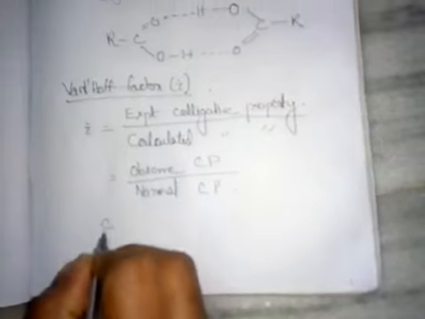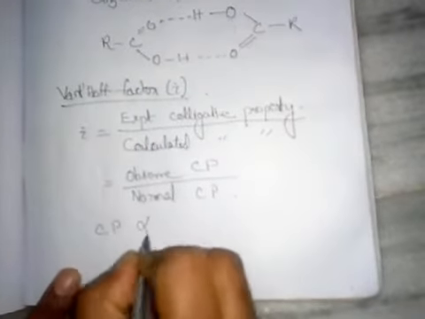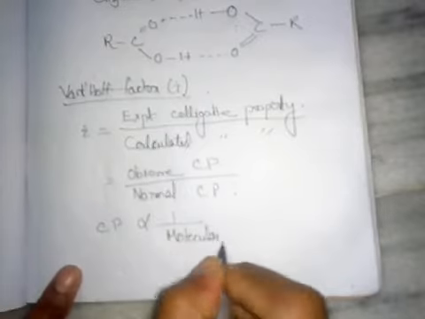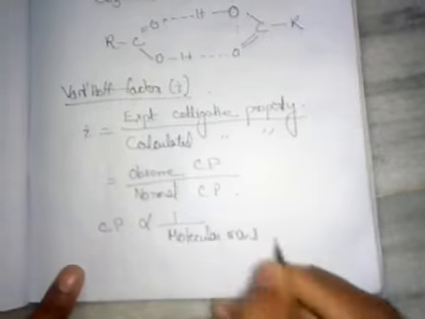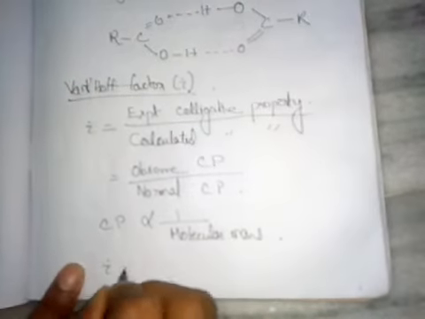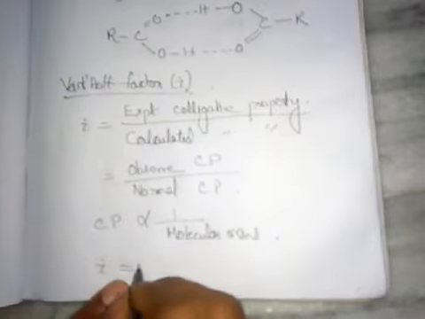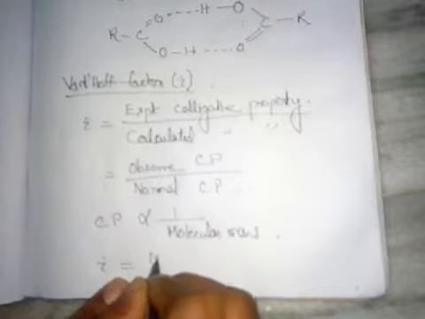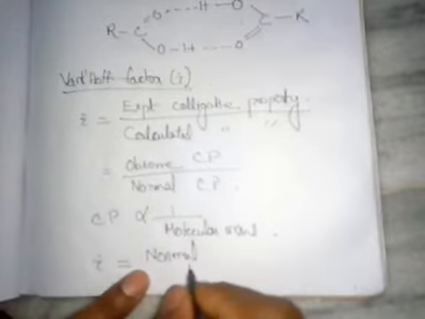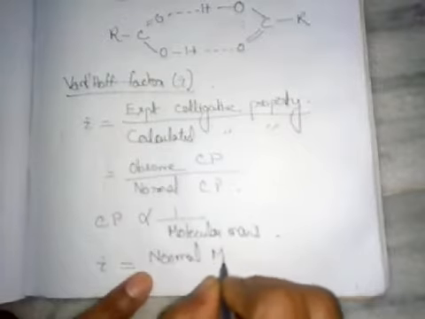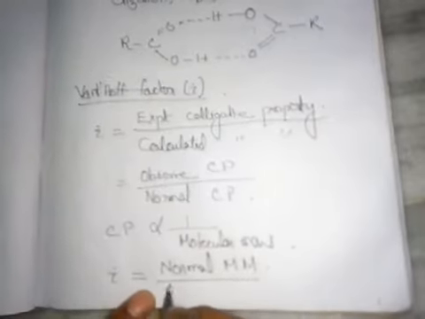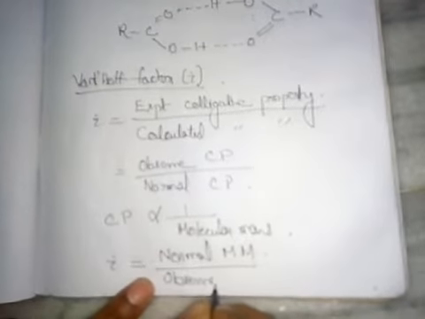As colligative property is inversely proportional to the molecular mass, Van 't Hoff factor can also be written as the ratio of normal molecular mass to the observed molecular mass.